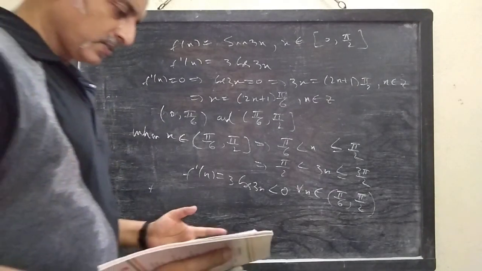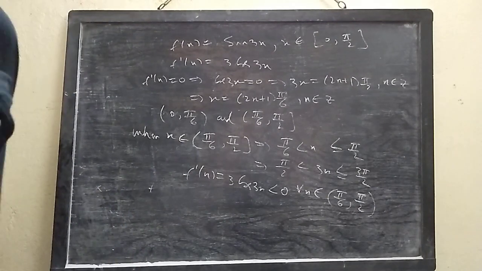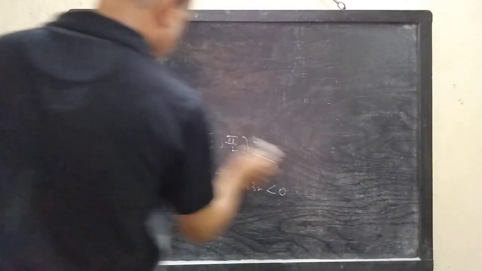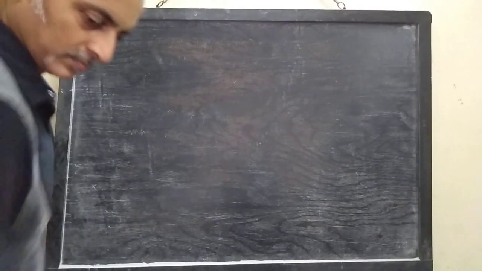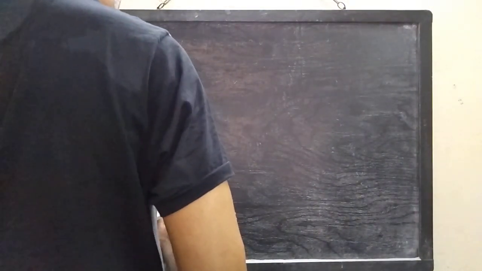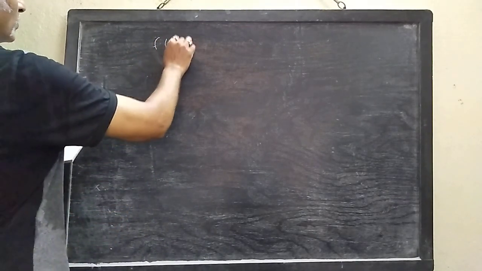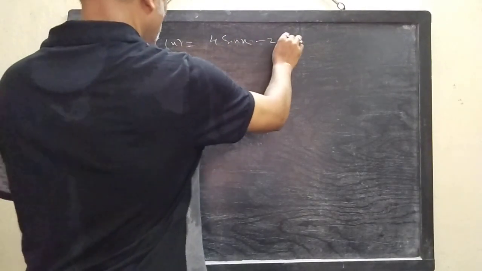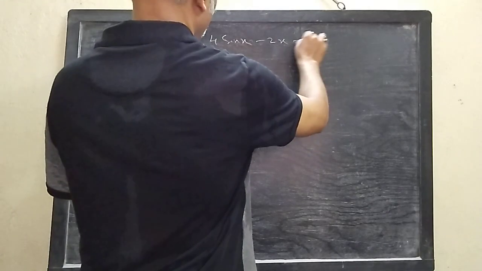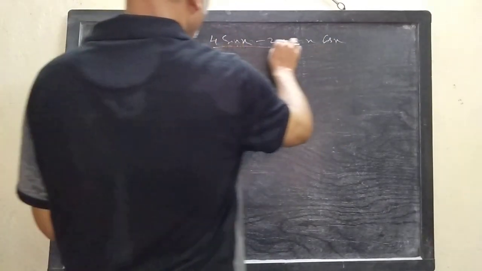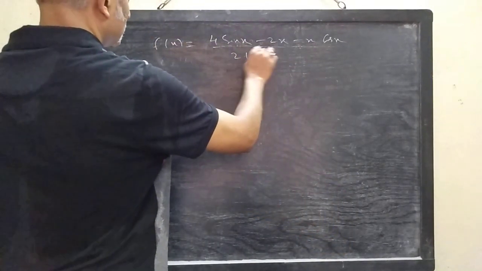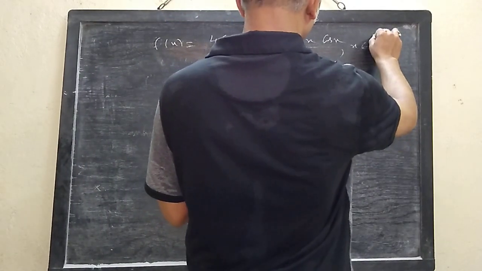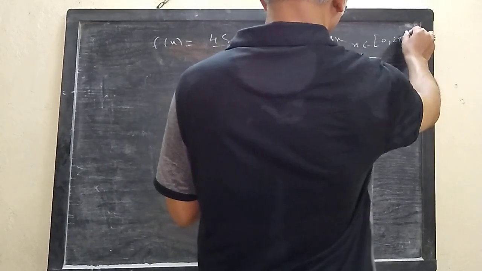Next, let us go to the problem. f(x) equals (4 sin x minus 2x minus x cos x) whole divided by (2 plus cos x), and you are given the interval to be closed 0 to 2 pi.